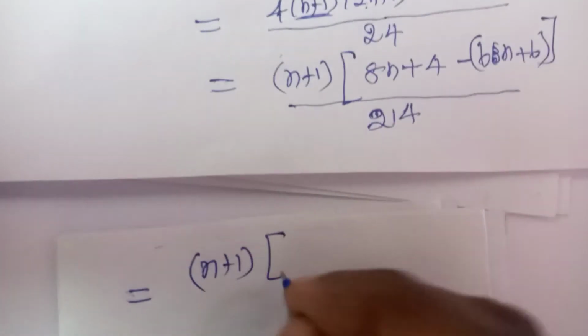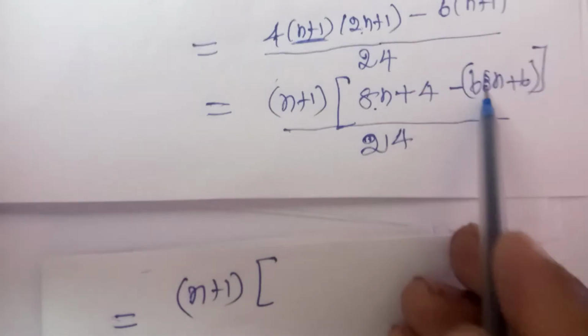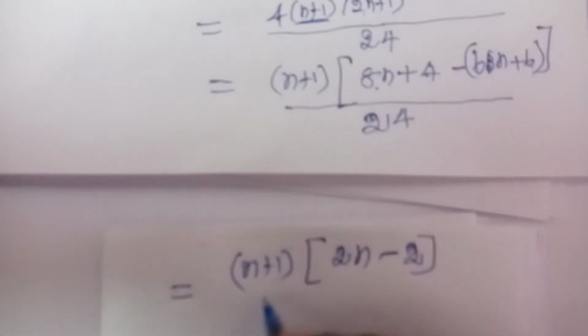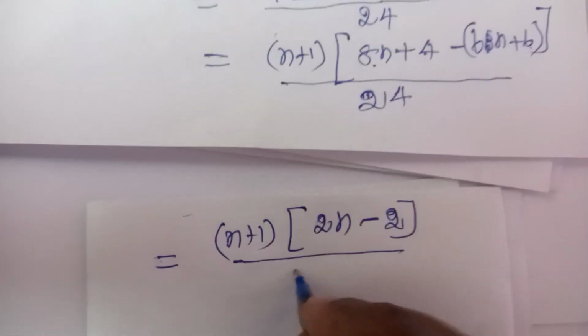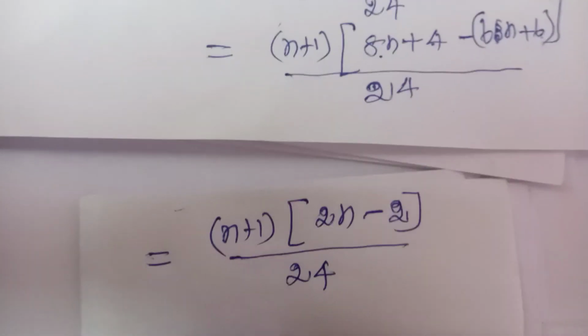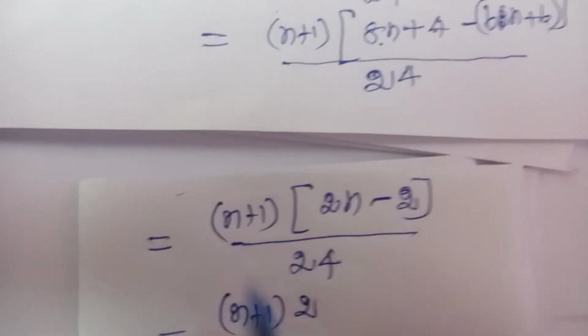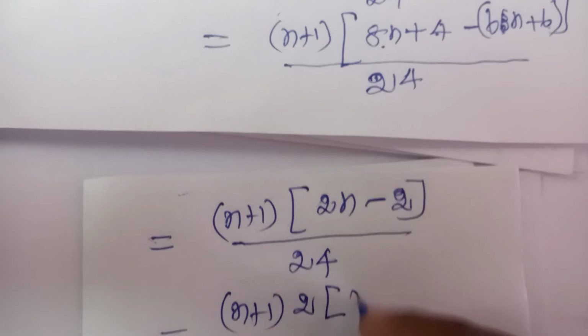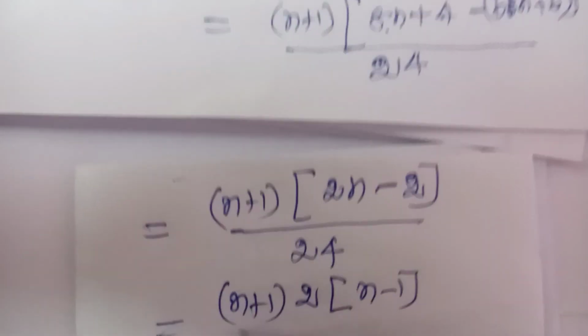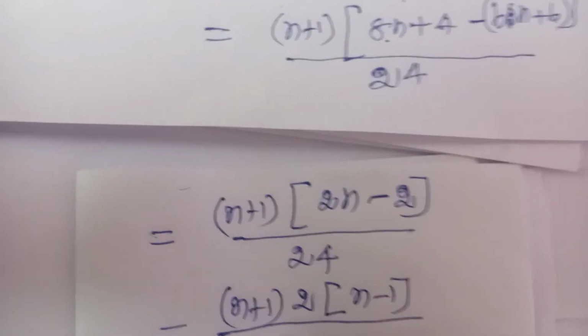This is equal to (n plus 1) into (8n minus 6n, so 2n, and 4 minus 6, which is minus 2) divided by 24. Now taking 2 as common, we get (n plus 1)(n minus 1), with 2 divided by 24.